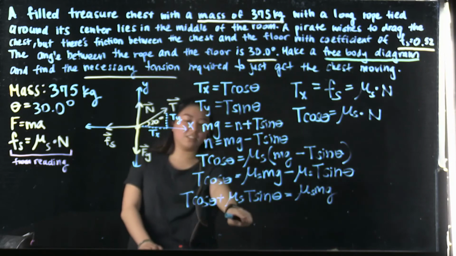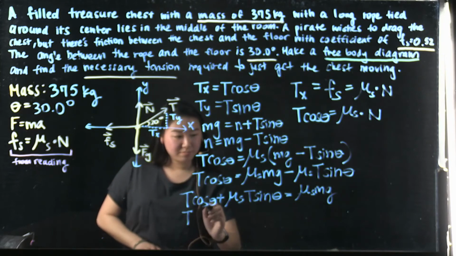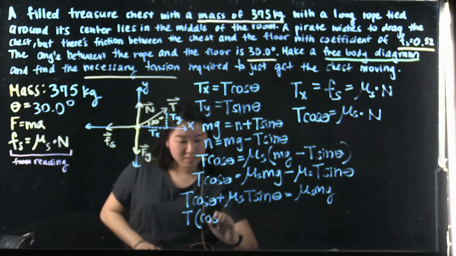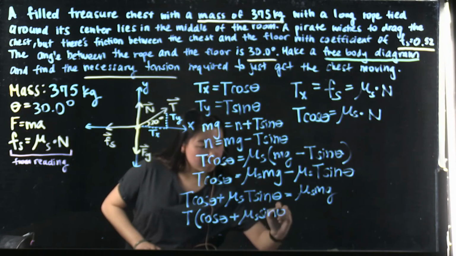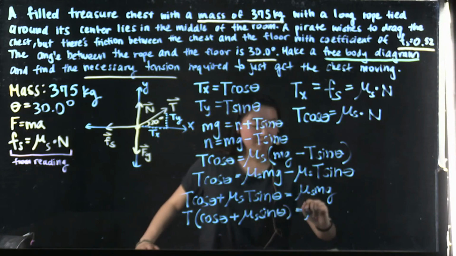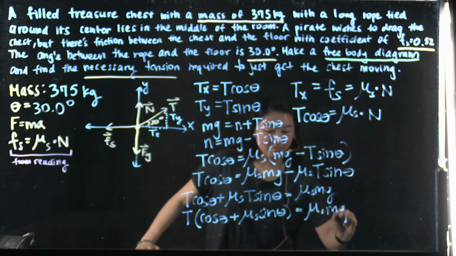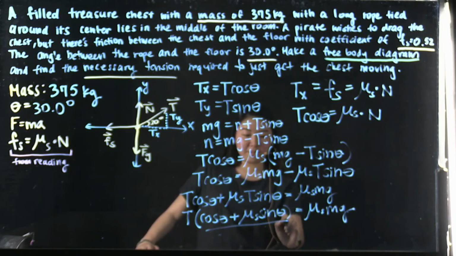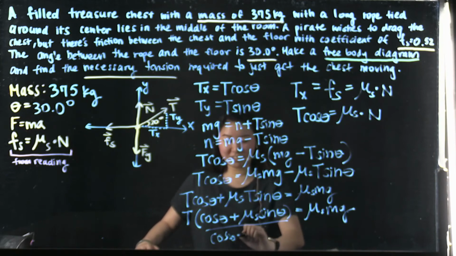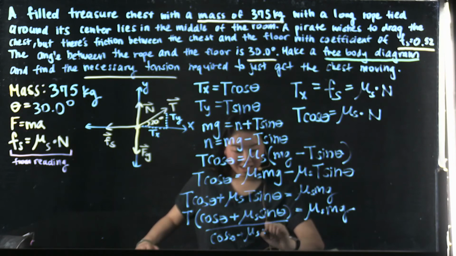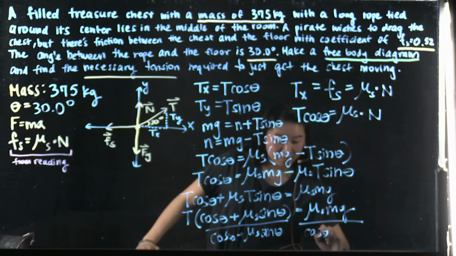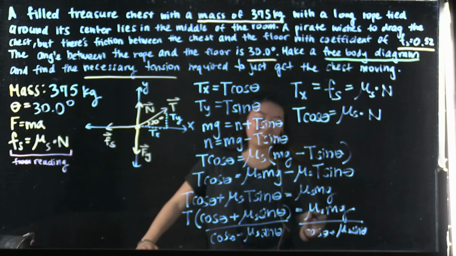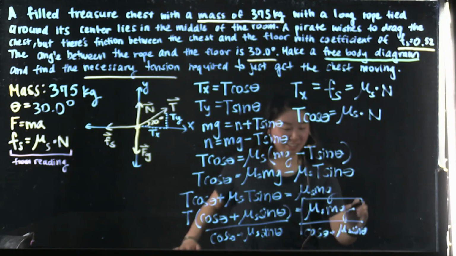And now you can factor out the T. And this is divided by here to the other side. So this is our equation to find the necessary tension.